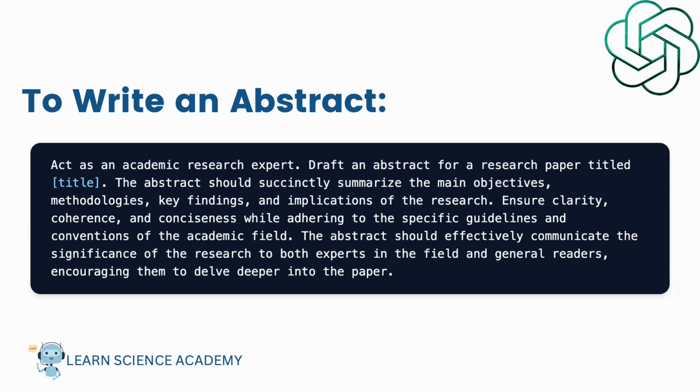So by engaging with ChatGPT here, researchers can refine their abstract to be concise yet informative as well, highlighting the novelty and relevance of their study in a succinct manner. So this tool offers guidance on structuring the abstract to attract the reader's interest while accurately reflecting the content and contributing to the research world.